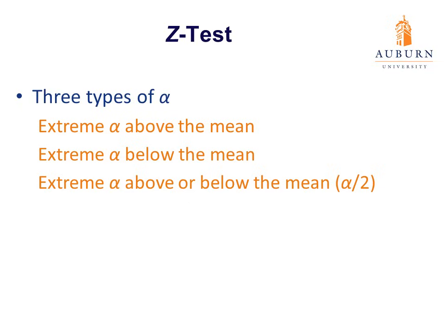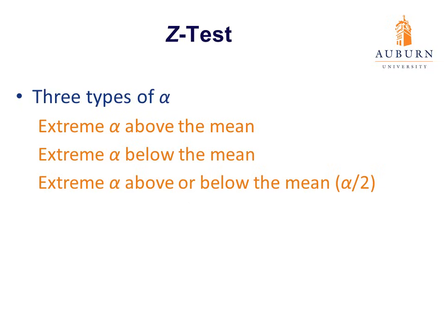And then there's the extreme alpha above or below the mean. In this particular case, we actually don't know what to expect. Values could increase, they could decrease, we don't know, and because we don't know, we need to set our alpha in both tails. Now when we set our alpha in both tails, we have to divide that alpha by 2. Essentially making a harder test or a stricter test, making it harder for us to reject the null hypothesis.